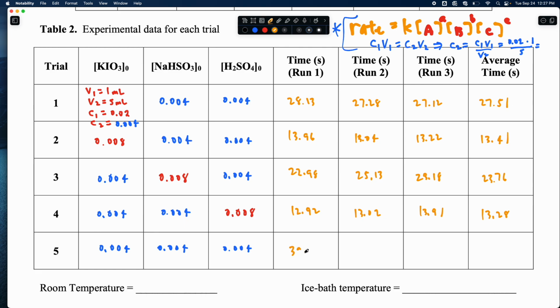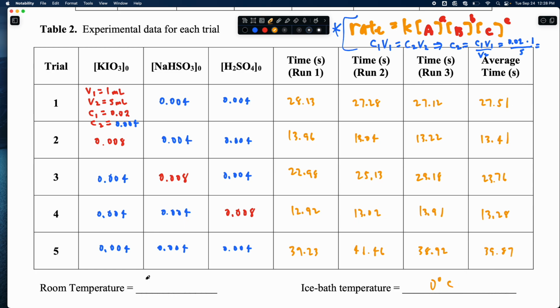And then 39.23, 41.46, 38.92, and 39.87. And the ice bath temperature was 0 degrees Celsius.